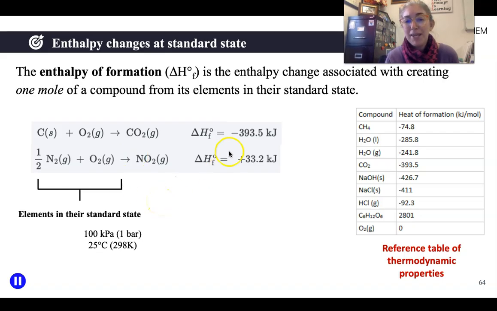So the heat of formation is the enthalpy for a reaction that is the formation of a compound from its elements in their standard state. So carbon dioxide being formed from carbon and oxygen. The heat of formation for NO2, nitrogen dioxide, is from nitrogen and oxygen.